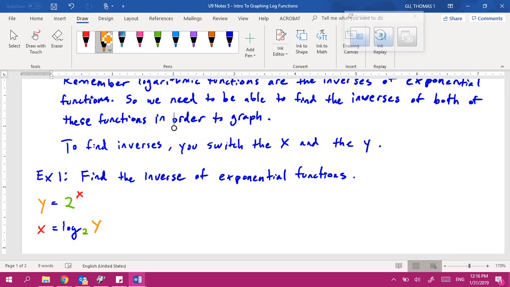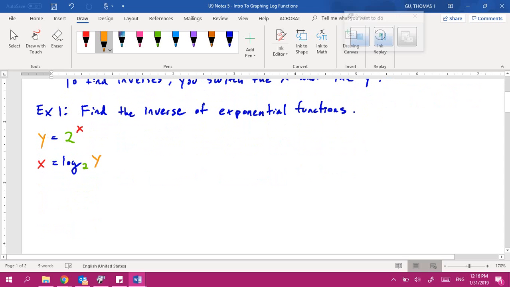This is changing from exponential to logarithmic because we know the inverse of exponential is going to be in logarithmic form. That's why you need to understand that logarithmic and exponential are inverses of each other. So you change it into logarithmic form because you know the inverse is going to be in that form.